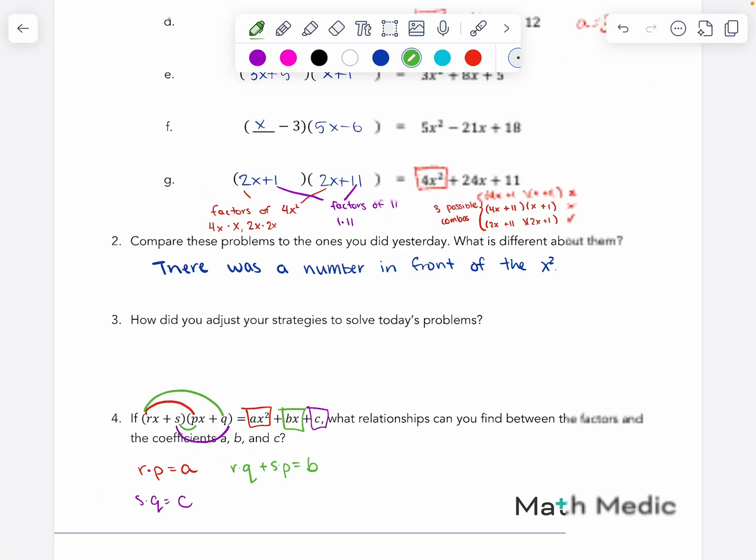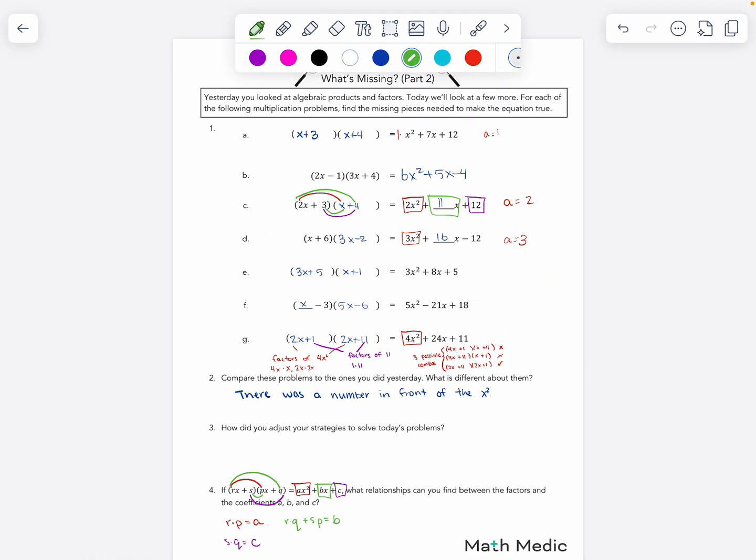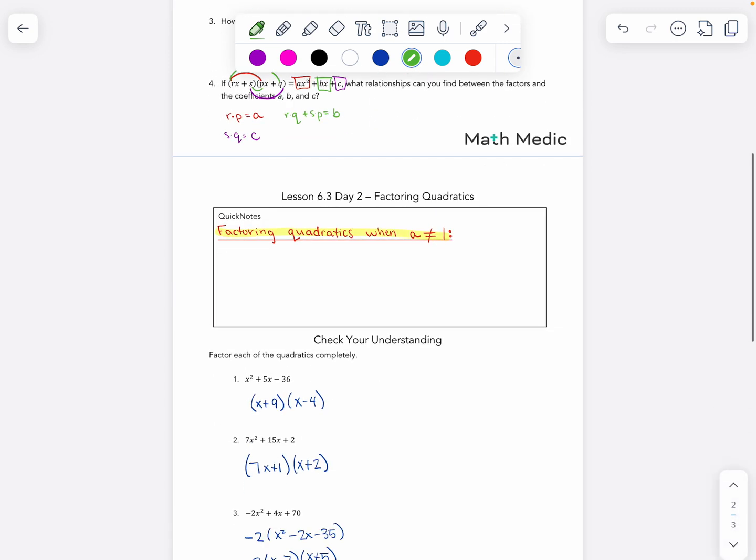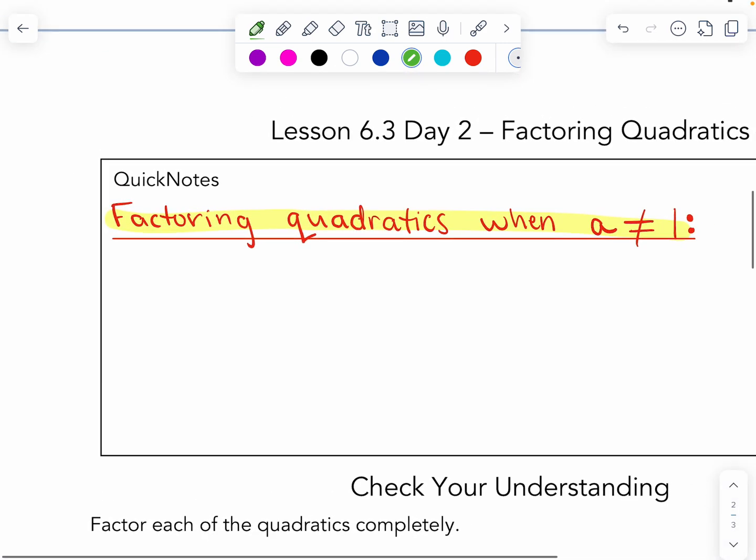Whew. All right, so I know it's a lot. I really recommend using color when you can. We're just going to bop into some quick notes and then let you do some practice. So when you're factoring quadratics when a does not equal 1, we're going to look at this general thought process.